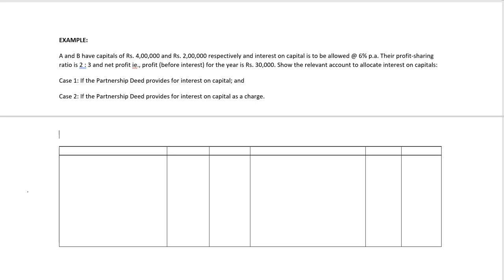First, let's calculate the amount of interest on capital for each partner.